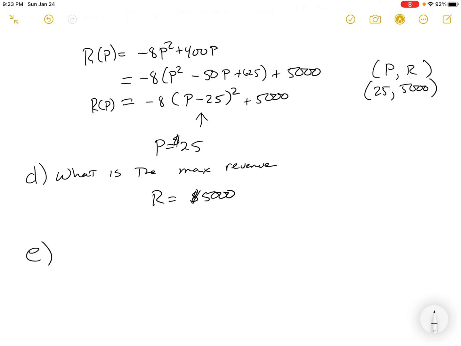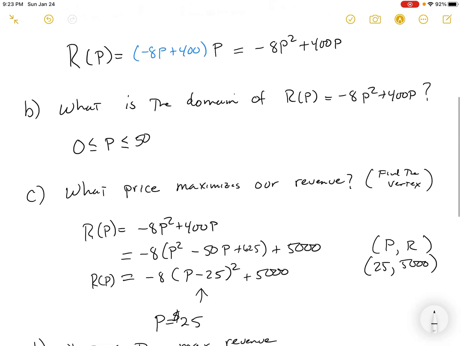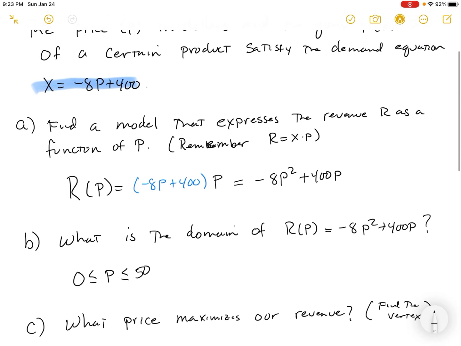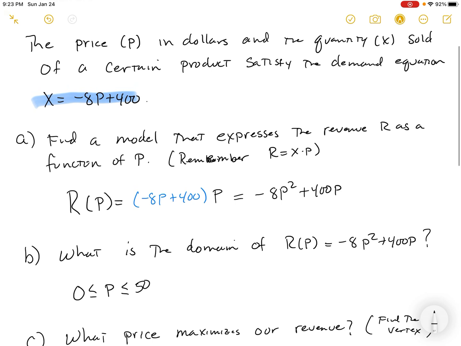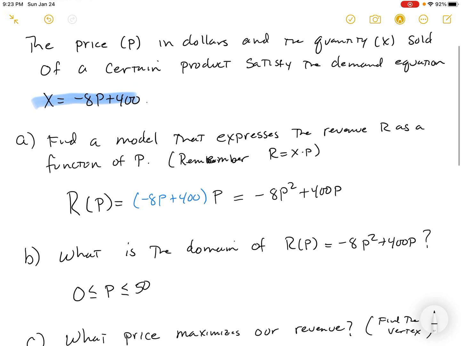E, how many units were sold at this price? Well, you need to go to an equation that links number of units sold to price. Well, we were given that in the very beginning. Let's go right back up here and look at this blue highlighted equation.